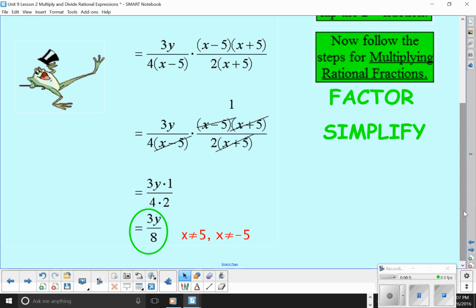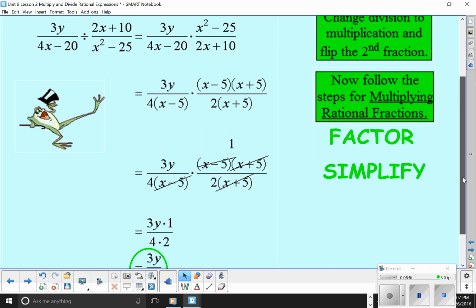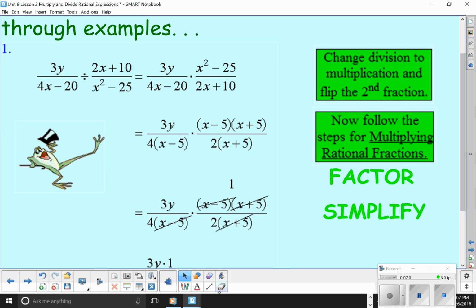Now, the one other thing that we have to do when we look at this, here's something I want to be very clear about. This cannot equal 0, this cannot equal 0, and this cannot equal 0. Why? Well, it should be pretty obvious.